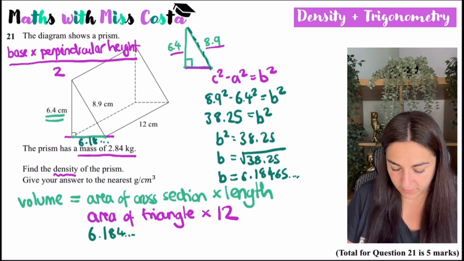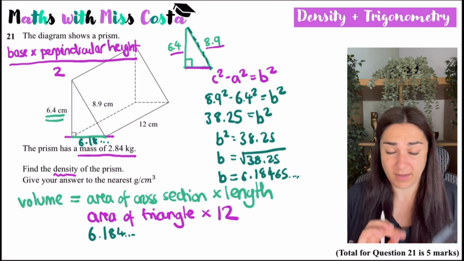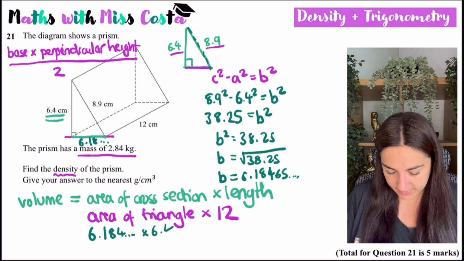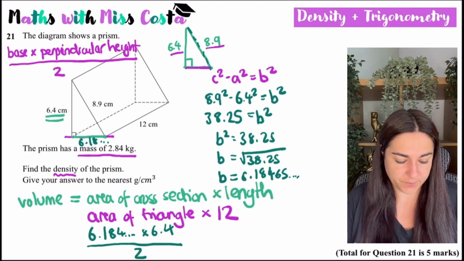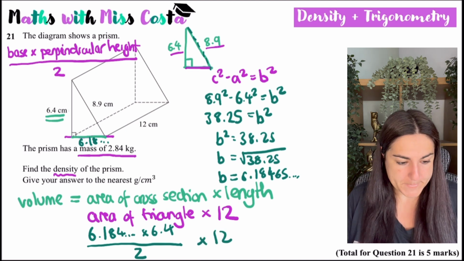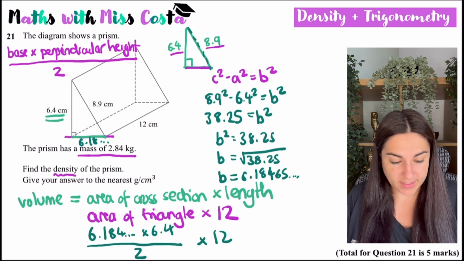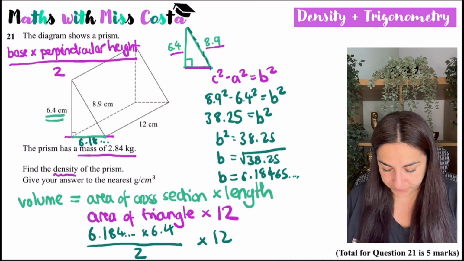Well, I'm just going to press answer in my calculator because your calculator saves everything. So if you just don't press anything and you press times by 6.4 divided by 2 equals, and then times by 12, that's going to give me the area of the triangle, and then I times it by 12 to work out the volume.